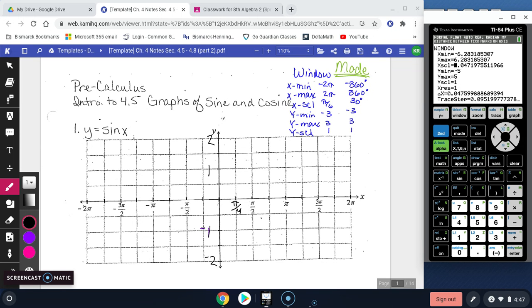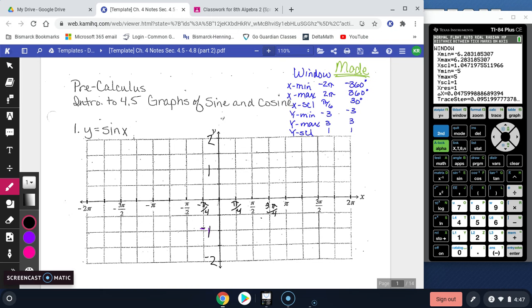Similarly, going the other direction, it would be negative pi over 4. Then pi over 2, I skip a tick mark and go to pi. Well, what's halfway between pi over 2 and pi? Think of cups of sugar: half a cup of sugar, whole cup of sugar, what's in between? Well, 3/4 of a cup of sugar, so 3 pi over 4.